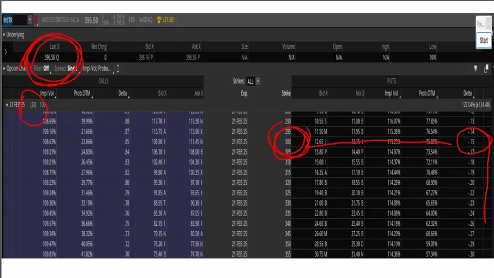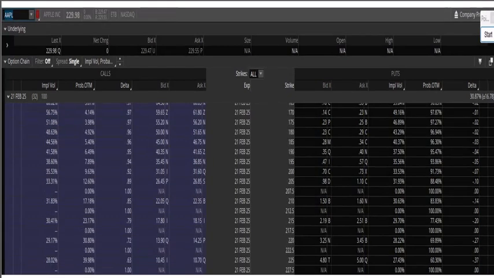But let's take a look at another stock that isn't nearly as volatile, and that's going to be Apple. So Apple is going to trade at 229.98 here, so 230 basically. Let's go down our option chain. Here's our 14 vol, so that corresponds with a 210 strike. 212 is the next one.